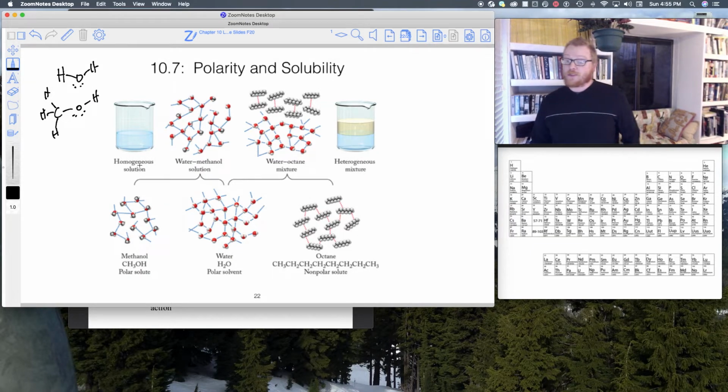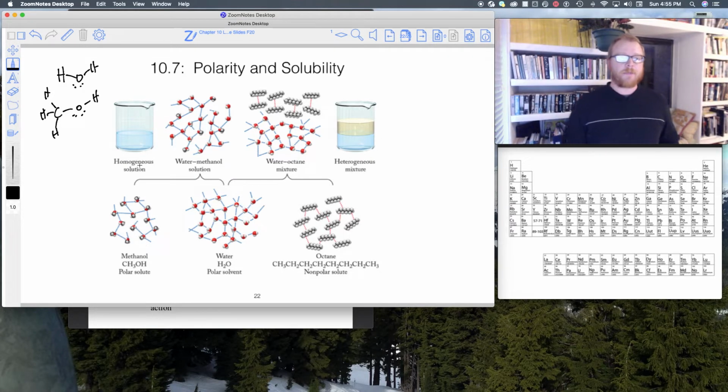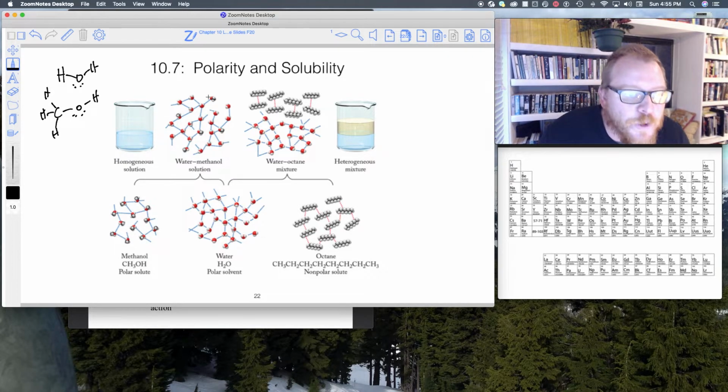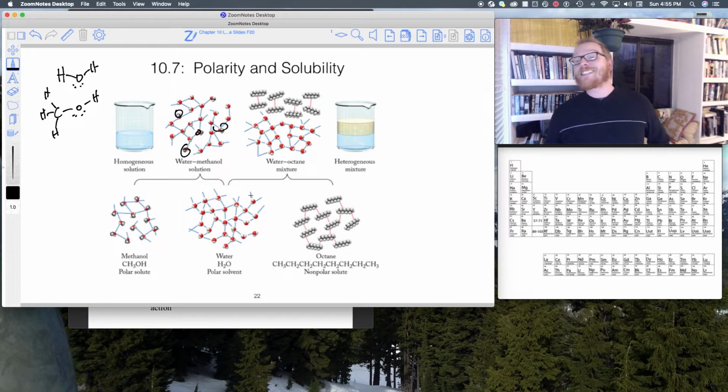Okay, so that's what methanol looks like. So methanol is very similar to water. Okay, and in fact, when you're looking at this picture, there's a methanol, there's a methanol. It's almost hard to distinguish them from the water molecules. So they make a homogeneous solution. If you mixed water and methanol, they're both very soluble with each other.